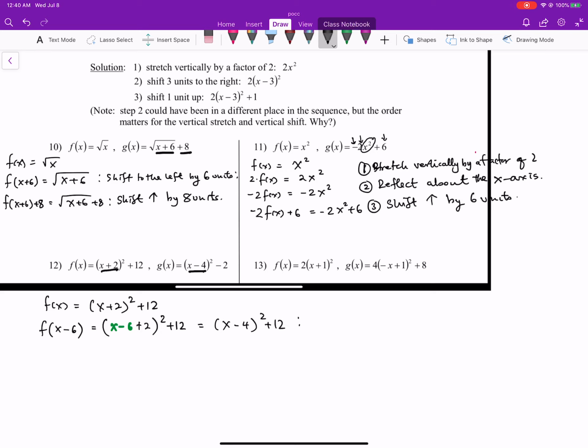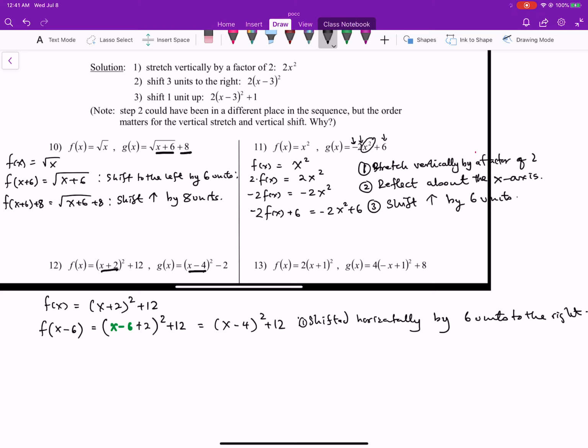So here what I did was I shifted horizontally by 6 units to the right. All right. And then that's my step 1.